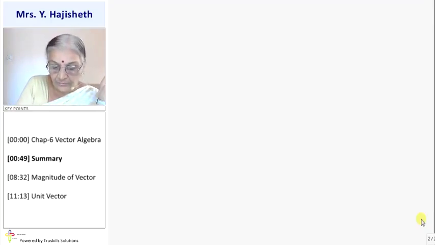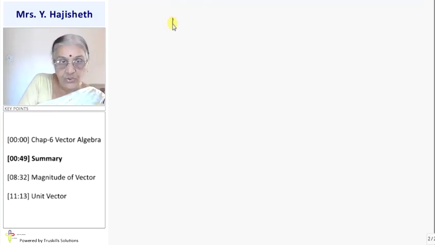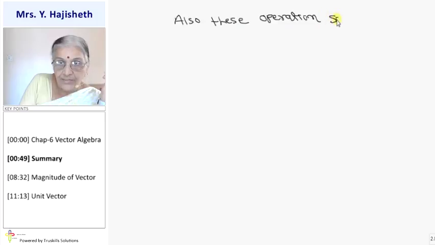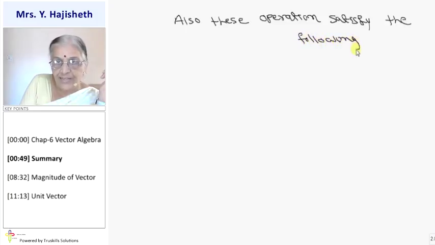Also we have learned that these two operations, मतलब addition and multiplication by scalar, satisfy the following properties. We have learned all the properties in 11th science, but I am revising for you.